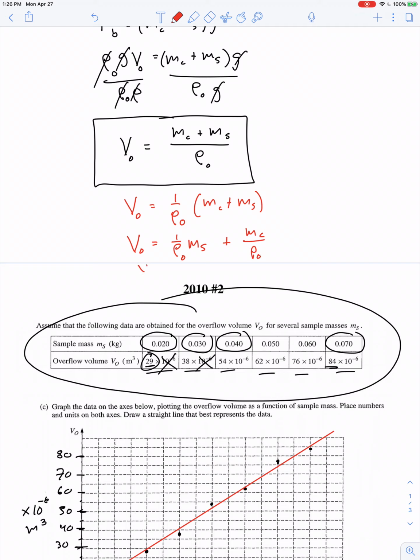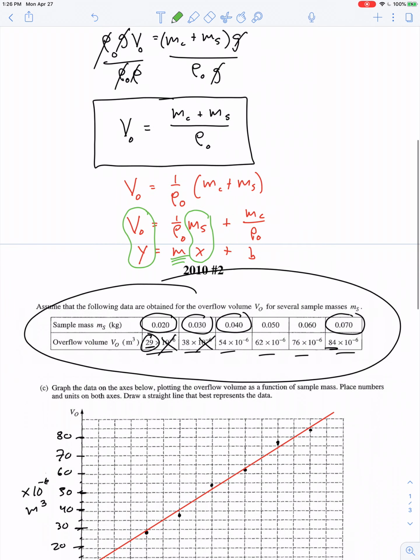And this is in the form y equals mx plus b. After all, we're graphing the mass of the sample on the x-axis and we're graphing the volume on the y-axis, so we expect to have a slope equal to the inverse of the density.